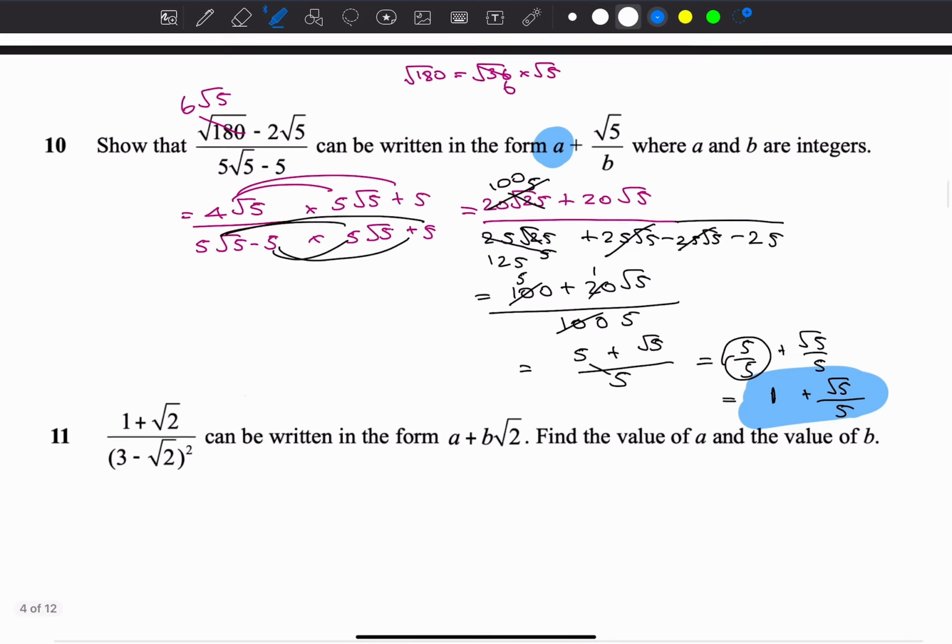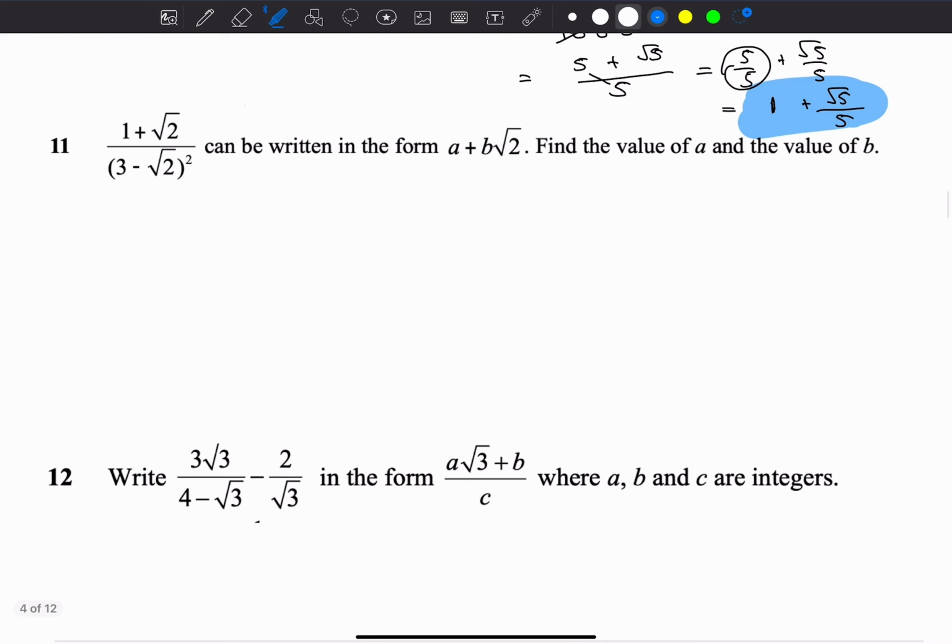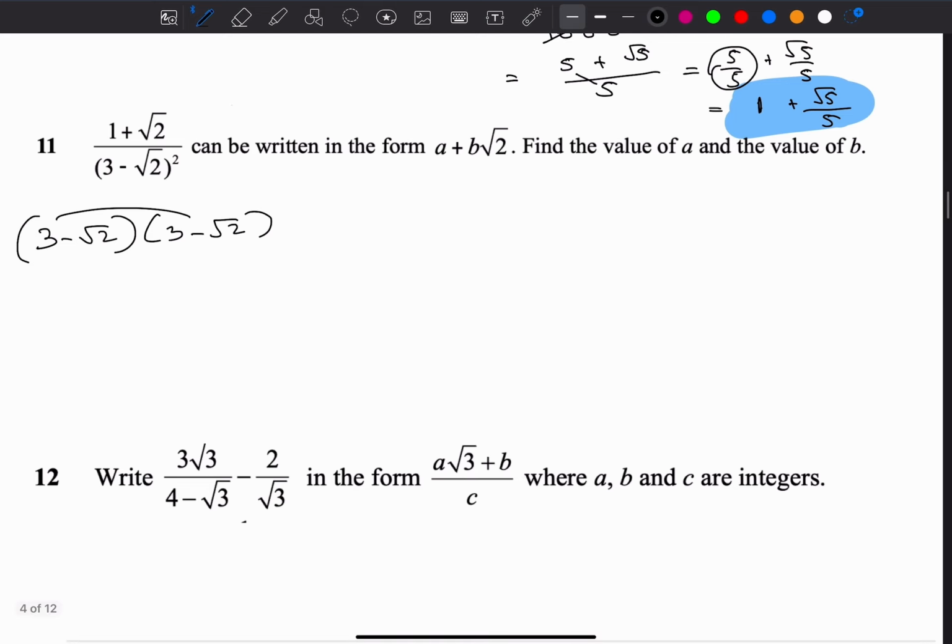Okay, question number 11. If you look at question 11, what you could tell is the denominator you can't rationalize straight away. It's a square of something. So we will sort that out. 3 minus root 2 times it by 3 minus root 2. I'm just doing the denominator. That will give you 9 minus 3 root 2 minus 3 root 2 plus root 4.